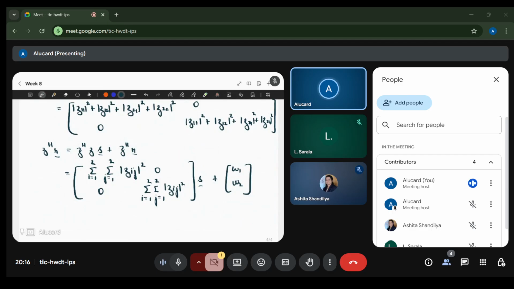From this point, I leave it to you to find the output and the diversity order.